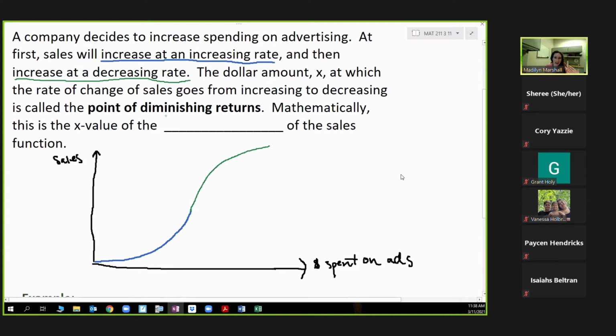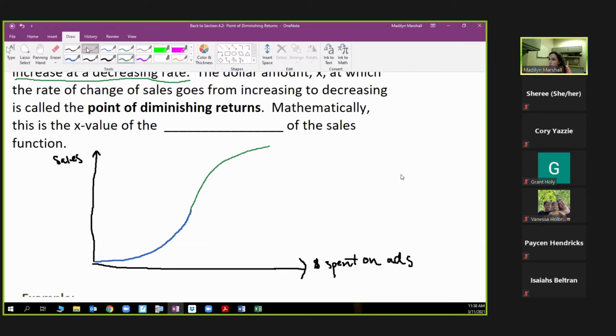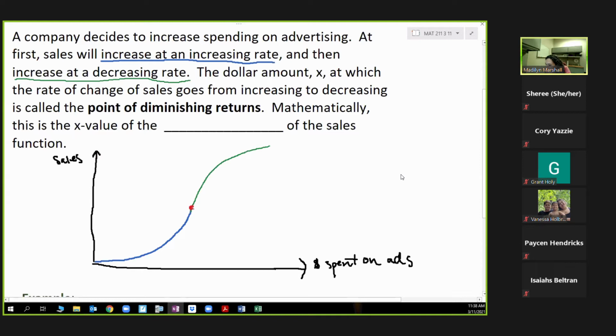We're getting less return per dollar as we spend more on advertising. So this point, if we were not talking about any context, and this was just a graph that we were looking at, that would be the inflection point. So that was the correct answer here.